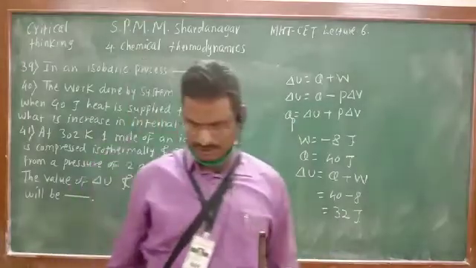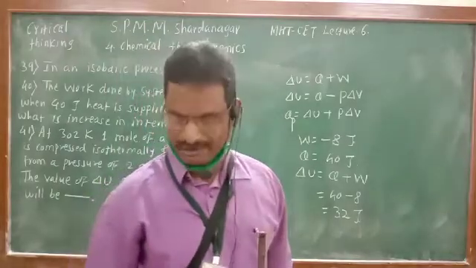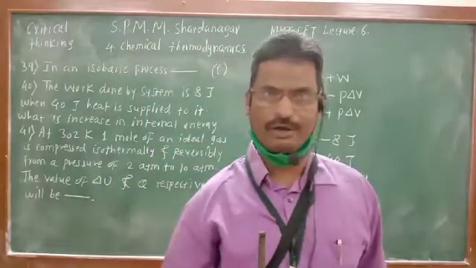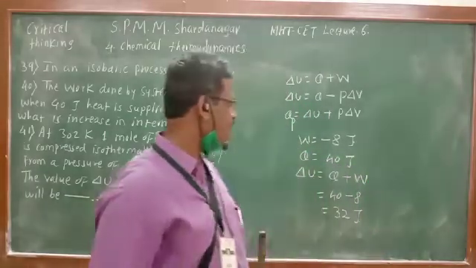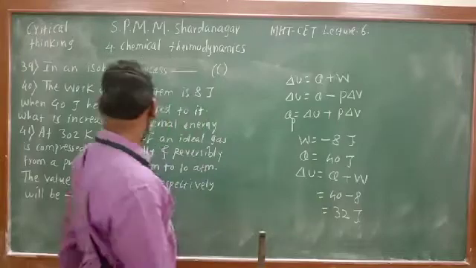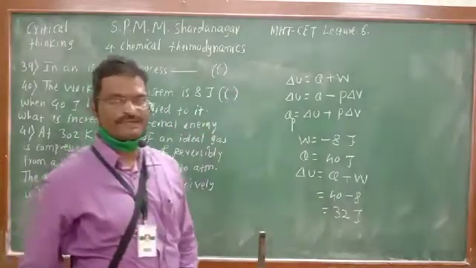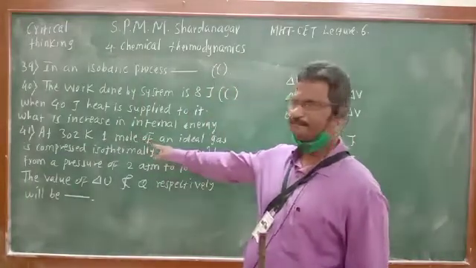Delta U is equal to 32 joule. See the options: A 25, B 30, C 32 and D 28. So we are getting 32, means option C is correct.